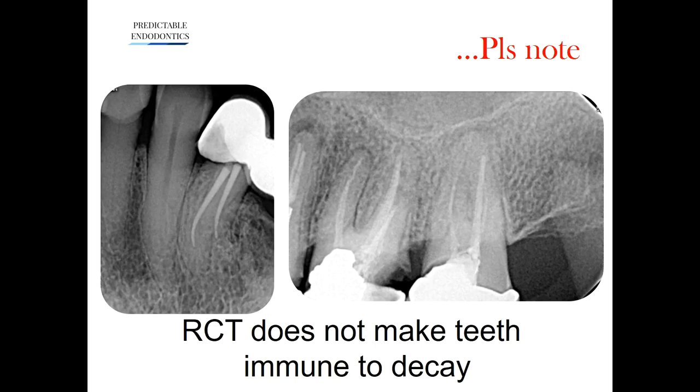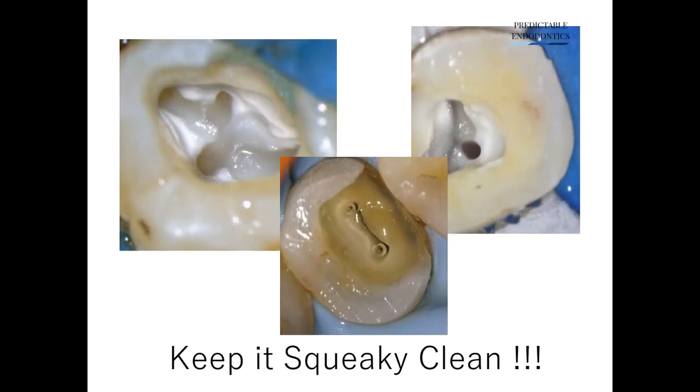When you prepare your access cavity, if caries removal is incomplete, few years down, this is most likely what you will see. The tooth will not fail for endodontic reasons, but surely will have a very questionable restorative prognosis and longevity. So it's absolutely imperative to remove all traces of caries during the access preparation stage itself.